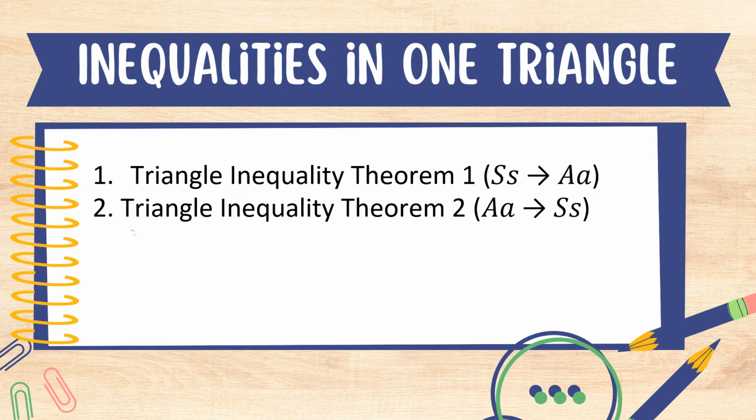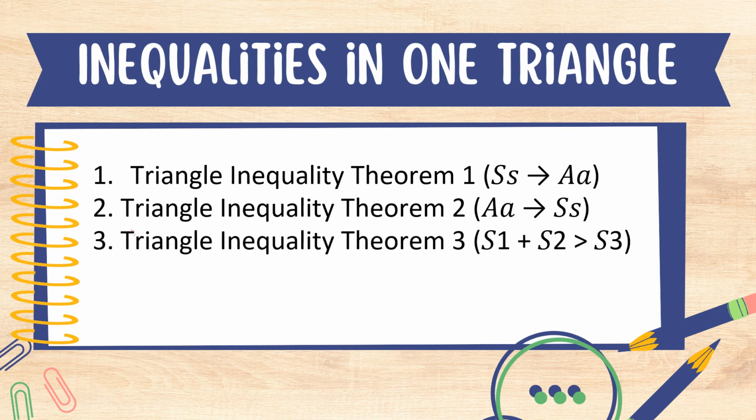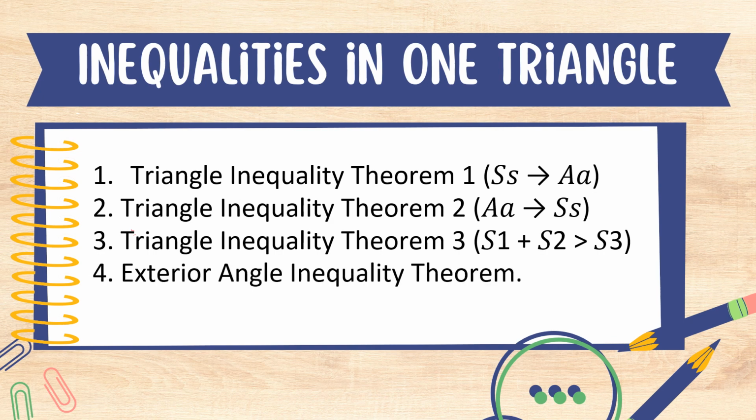Triangle inequality theorem 2, angle to sides. And number 3, triangle inequality theorem 3 says that side 1 plus side 2 is greater than side 3. And number 4, exterior angle inequality theorem.